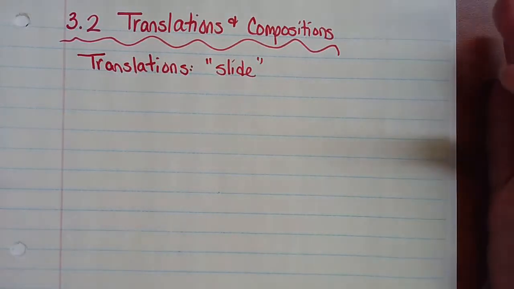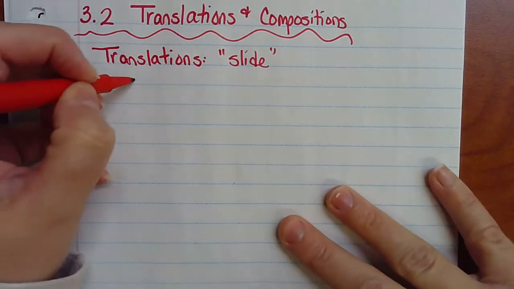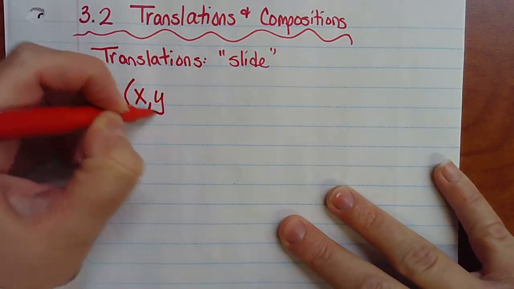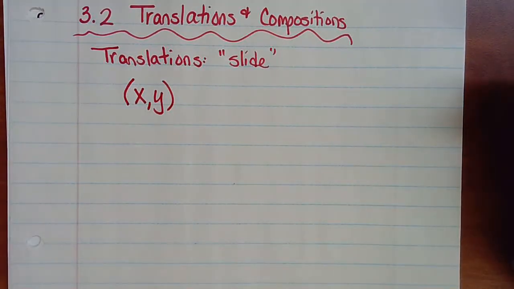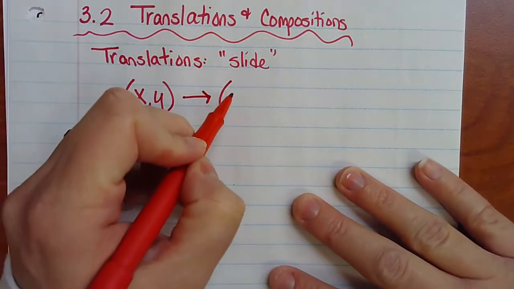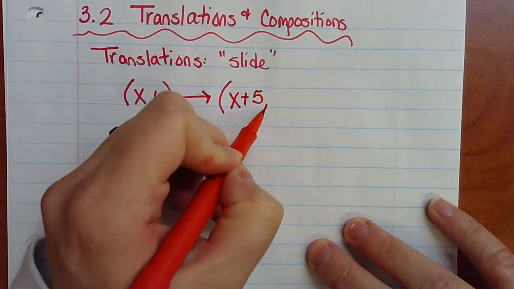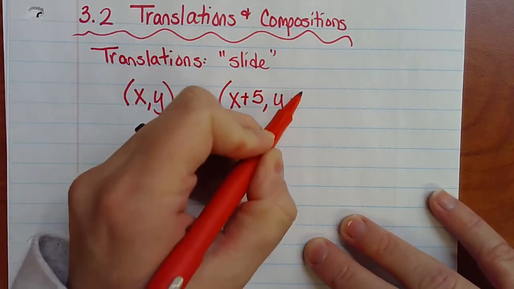So how we are going to notate translations is a little different. You're going to see this X, Y, which we did with reflections. That represents your original point. And you're going to see something like X plus or minus, we'll say 5, and then Y minus 1.